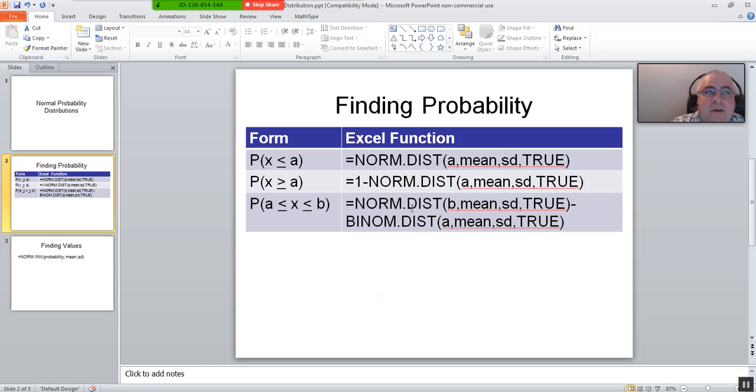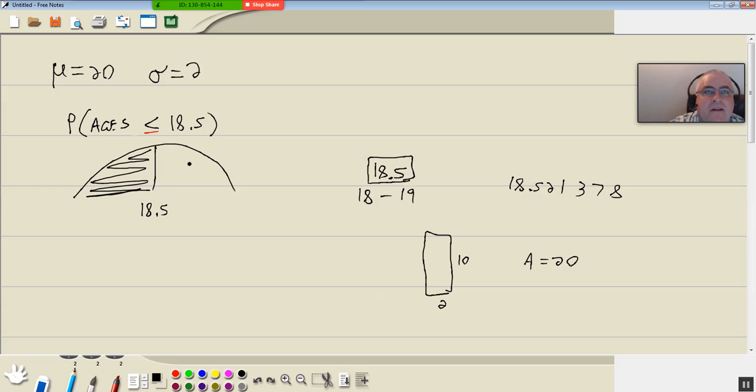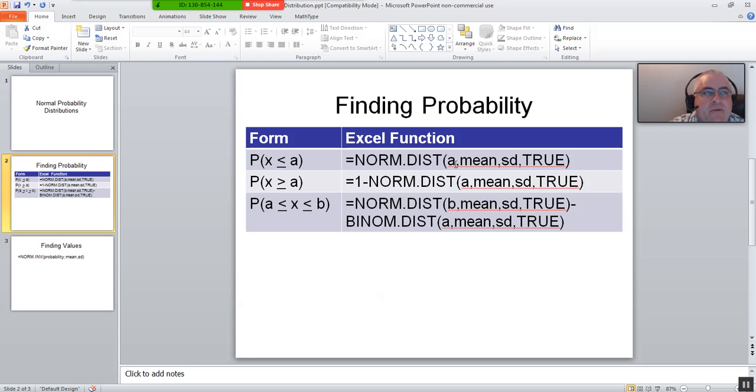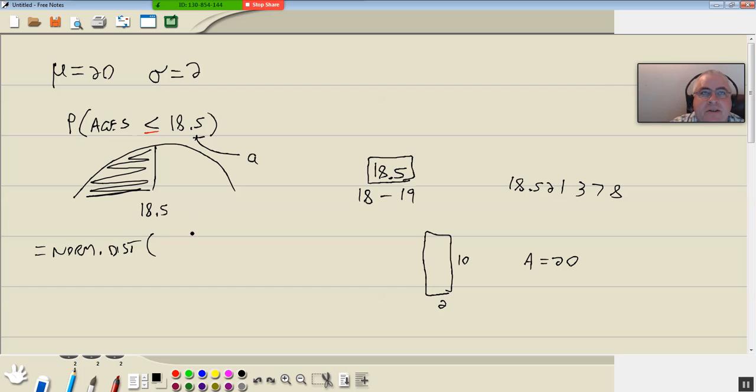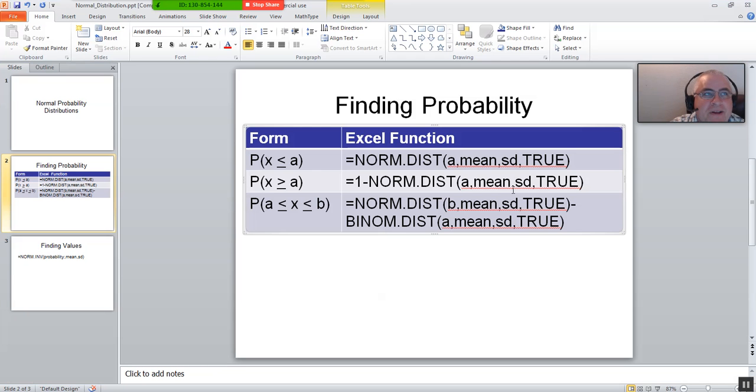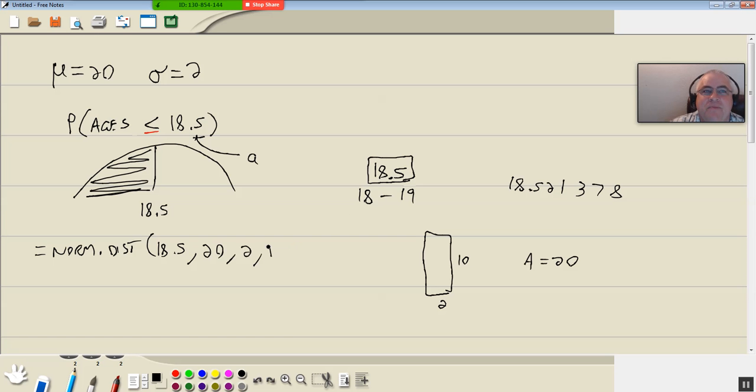Okay, so I'm coming over here, and this tells us we're going to do normal. This is our A here, so that's our A. And this tells us we're going to do norm dist, and then we'll put in our A, which is 18.5, and then our mean, which is 20, our standard deviation, which is 2, and then true.